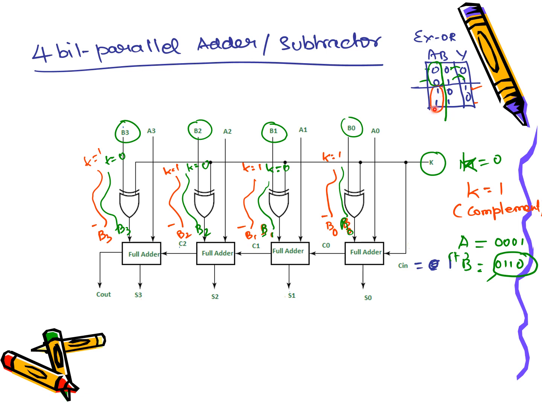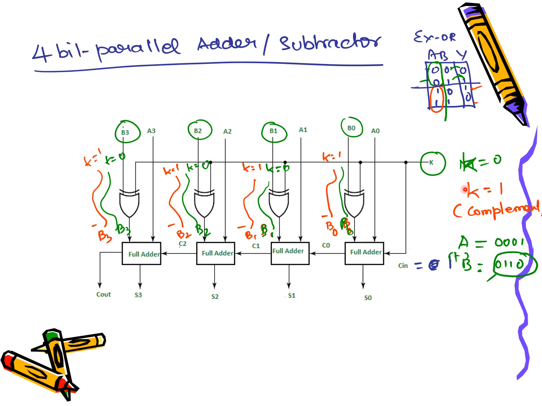When one of your signals is always forced to 1, if the other input is 0, the output is 1, and if it is 1, the output is 0. So it is inverting. Here I want to perform both operations. If you want to perform addition, give the control signal as 0. So with C in 0, it will send the signal as such, and the addition operation will be performed by the adder circuits.